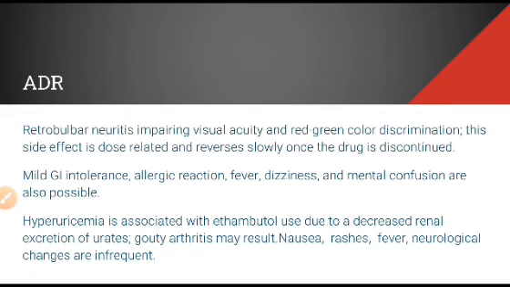A very important ADR is retrobulbar neuritis, impairing visual acuity and red-green color discrimination. This side effect is dose related and reverts slowly once the drug is discontinued. That's why it is contraindicated in optic neuritis patients.